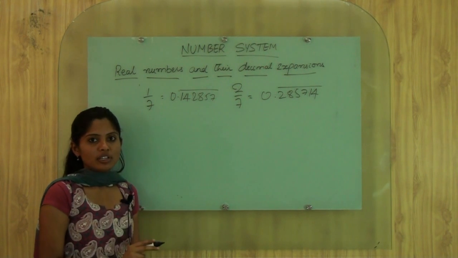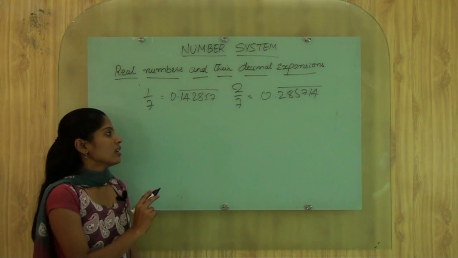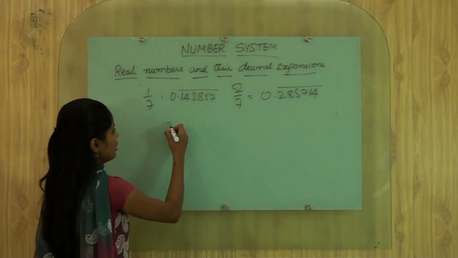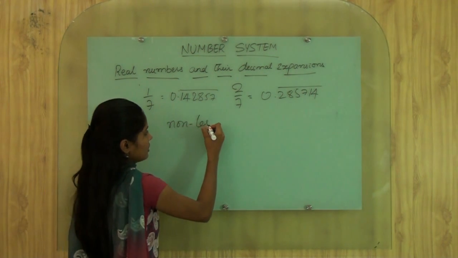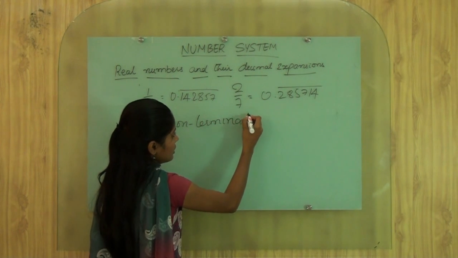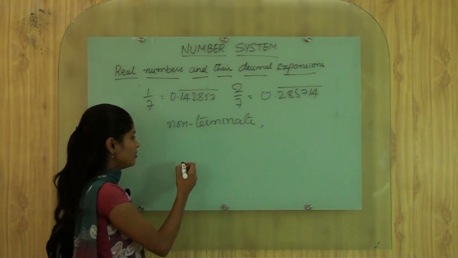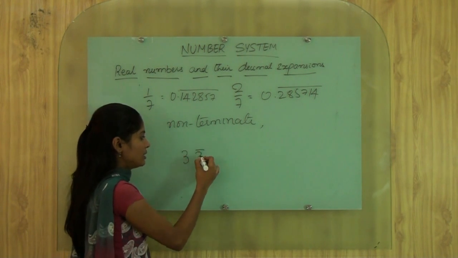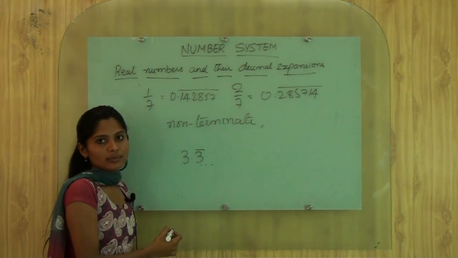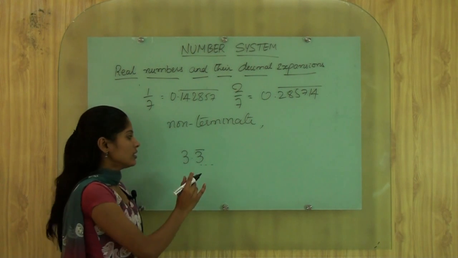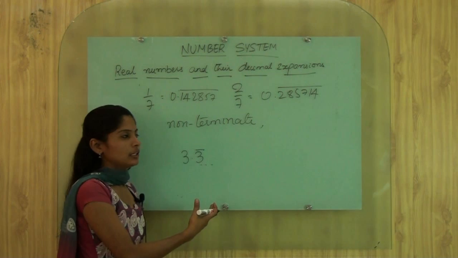The irrational numbers are non-terminating and non-recurring. It doesn't terminate, but it doesn't recur. It won't repeat. Like we have written 3.3 bar, where 3 goes on repeating. But in irrational numbers, the value doesn't repeat.